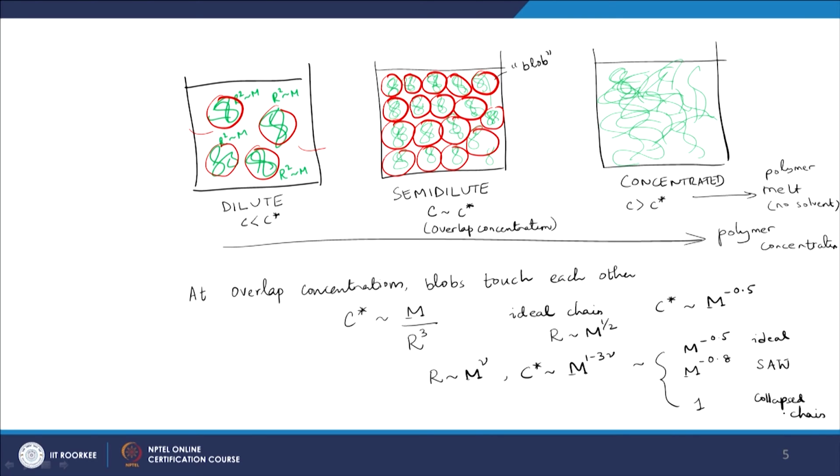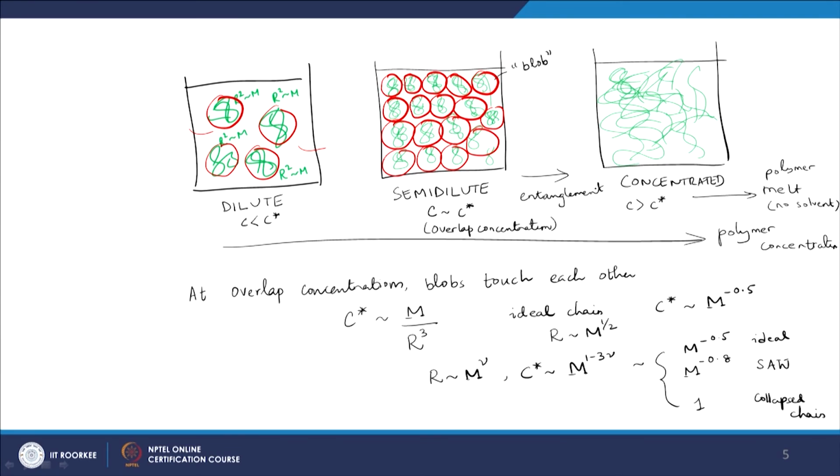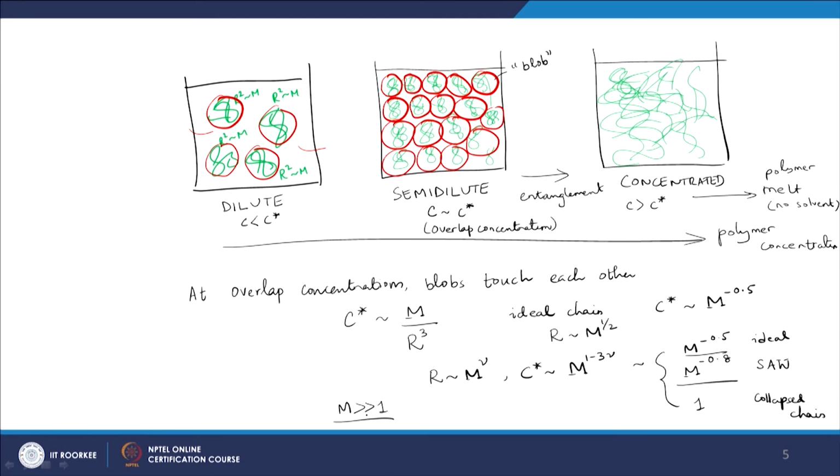And now you can see that entanglements will start to occur beyond the semi dilute concentration, and the concentration at which the semi dilute regime is achieved is given by m to the power minus 0.5 and minus 0.8 for the ideal and self avoiding walk cases, and we assume that m is much higher than 1.